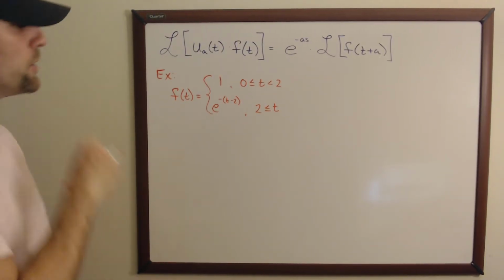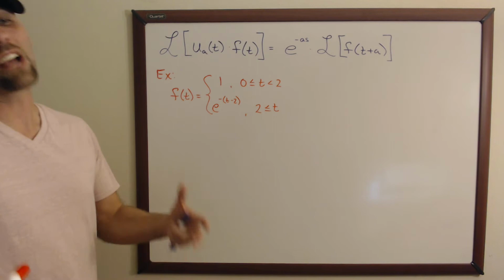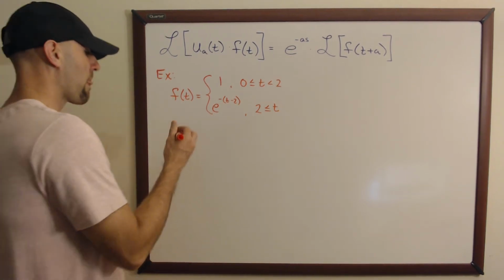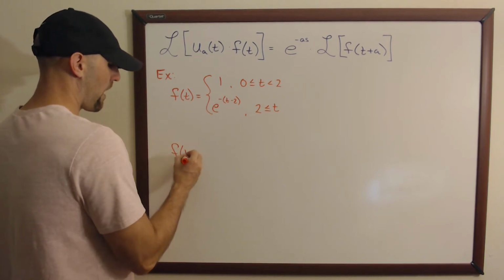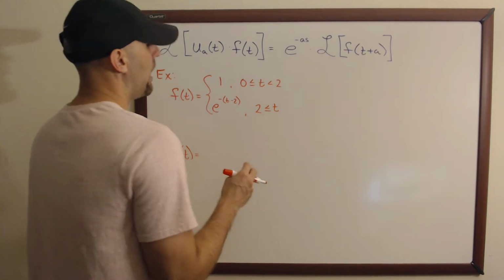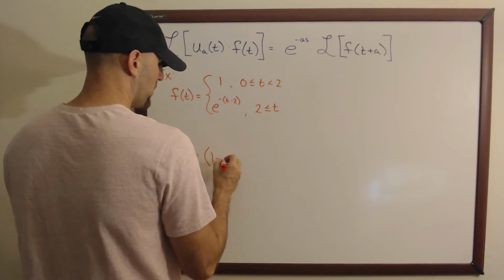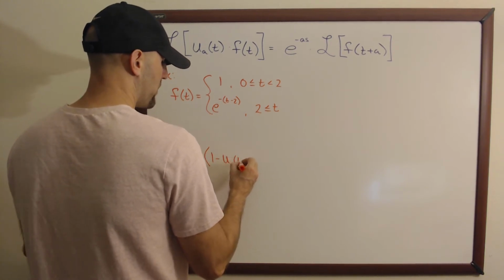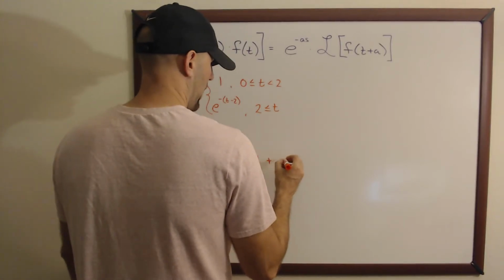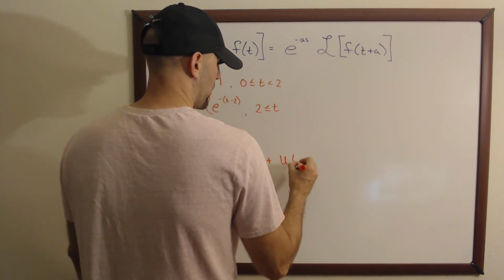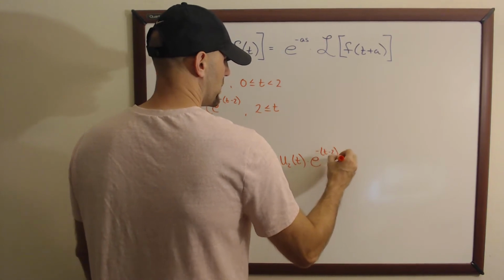Since my Laplace transform is written in terms of the unit step function, I have to write this down in terms of my unit step function. Using what we learned in section 10.6, f of t is equal to, remember, this is the left piece, that's the right piece, 1 minus u sub 2 of t times the function 1, plus u sub 2 of t times e to the negative t minus 2.